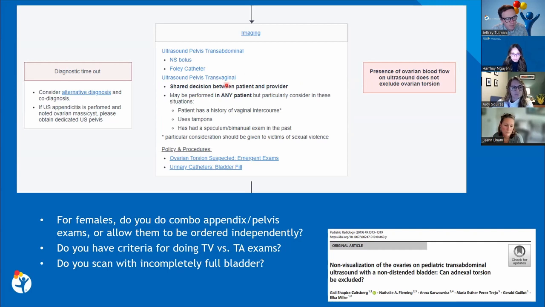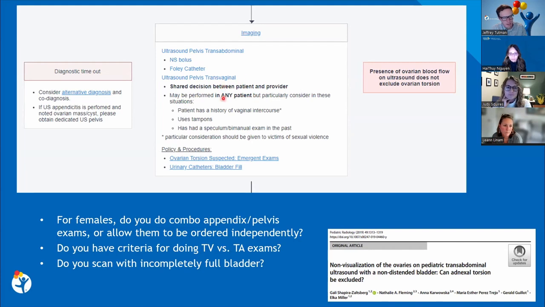Yeah, and we previously had more strict guidelines, but our GYN team made the point that some of their patients, particularly those with mental disabilities, were not meeting some of these criteria, but they felt they would still clinically benefit from a transvaginal exam, and they were being excluded by our prior criteria.